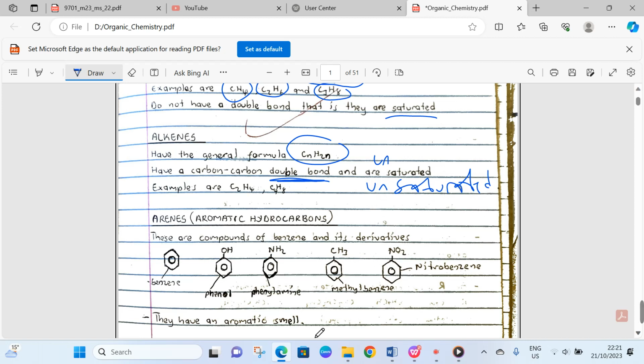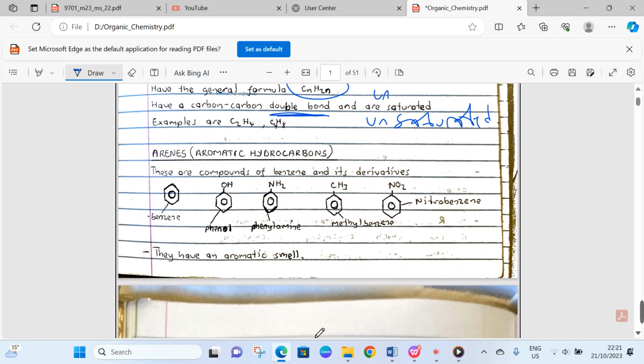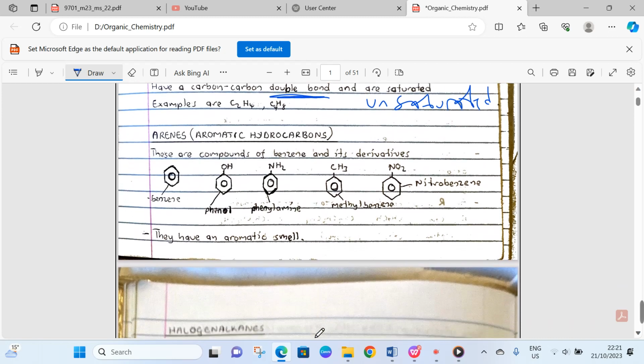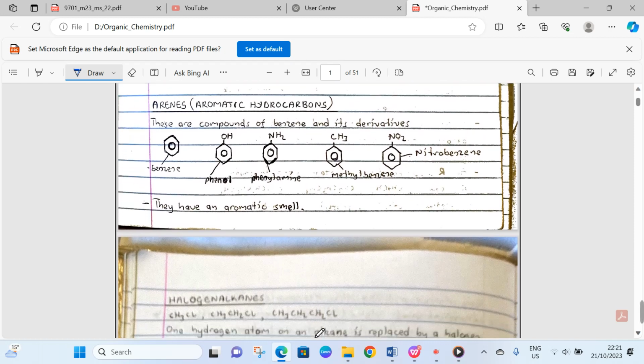I'm just showing you different organic compounds that you are supposed to be familiar with before I get into the details of the organic chemistry course. So arenes. We have organic compounds that are called arenes or aromatic hydrocarbons. These are compounds of benzene and its derivatives.